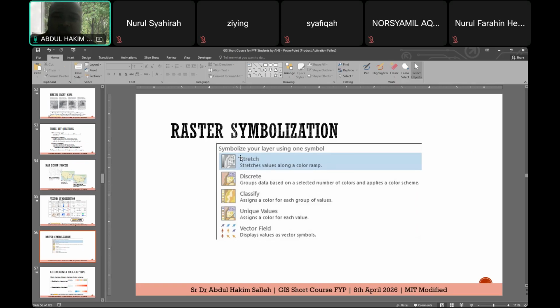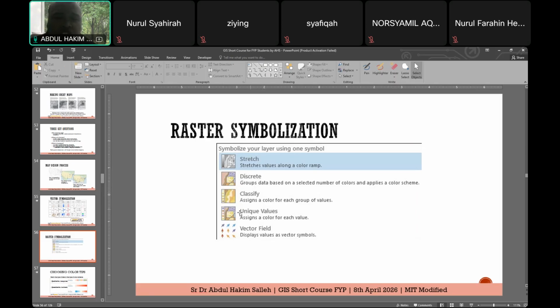It can also be discrete, or a classification into classes. This is very important for the water quality people, who need to classify based on the classes of pollution, provided by the Department of Environment, of course.